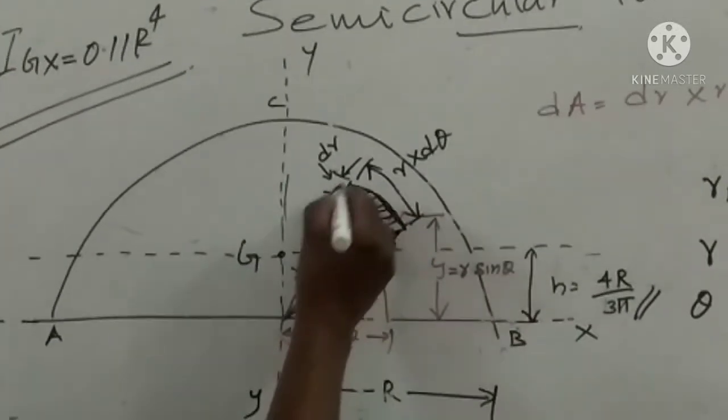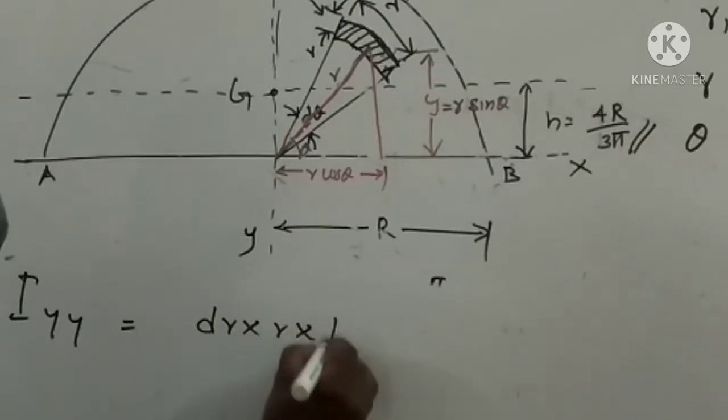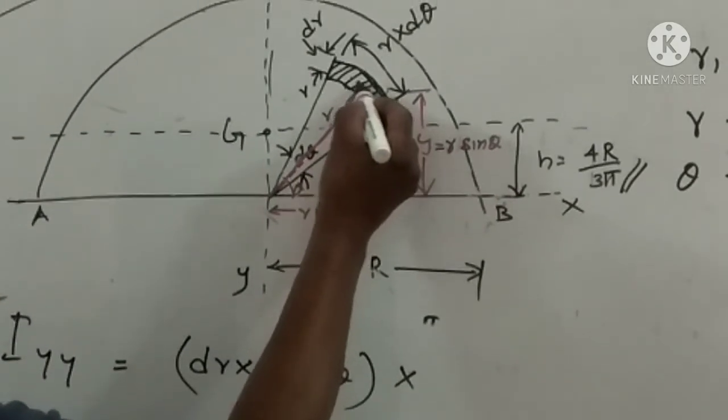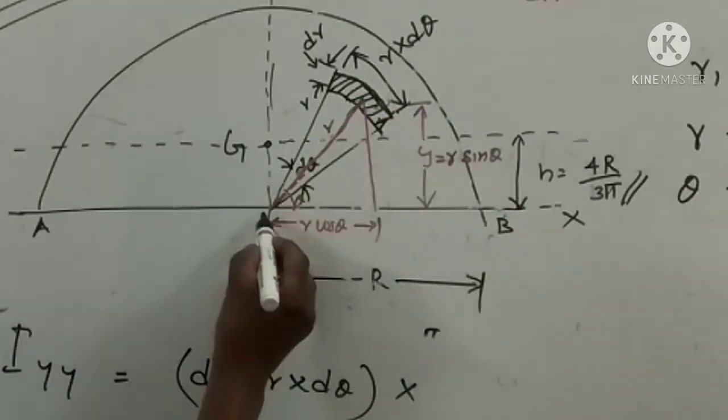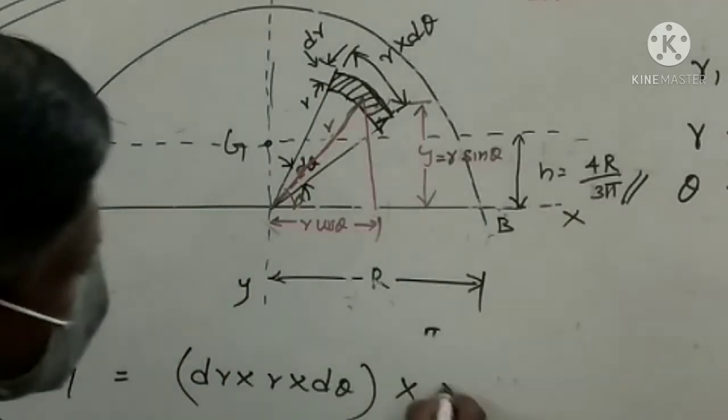The area of this small strip will be dr into r into d theta. That into the distance of the centroid of this small strip from the vertical axis, which is x, which is r cos theta.